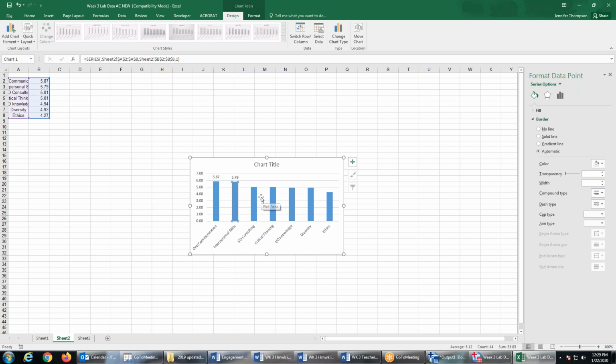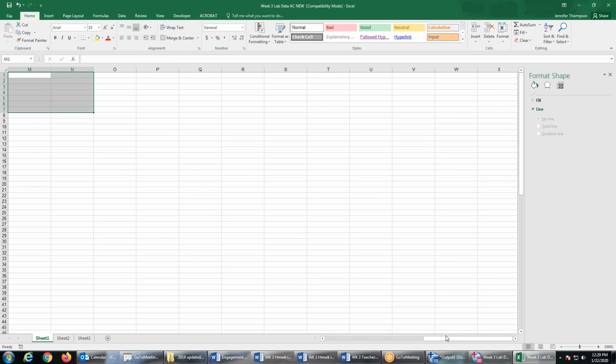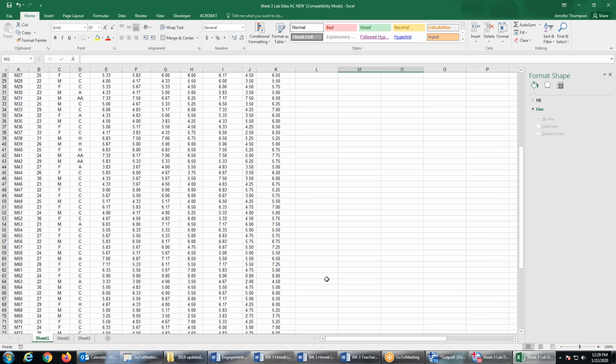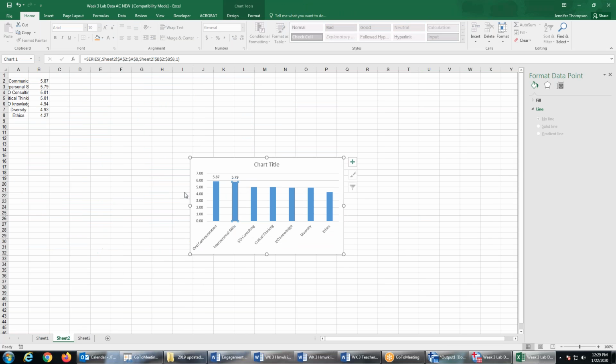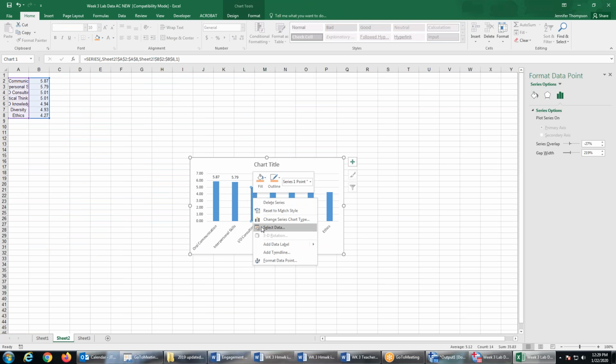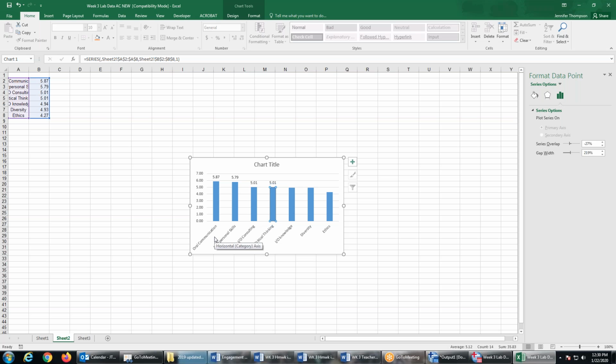It's doing it one at a time. Okay. The way I did it before on this sheet did it all at once. And I don't know. Let me try something. Nope. All right. Well, it's not too hard to do them one at a time. Okay. So that's the second part.